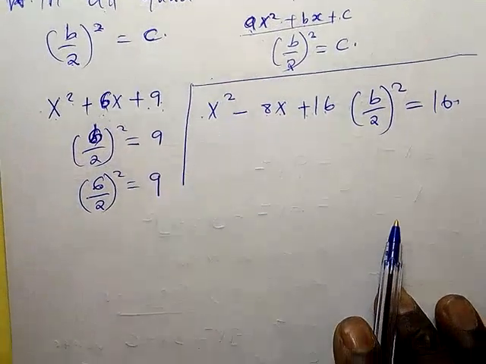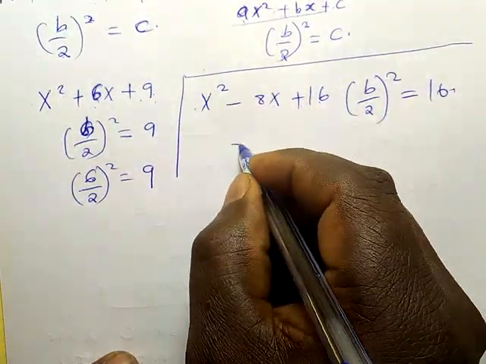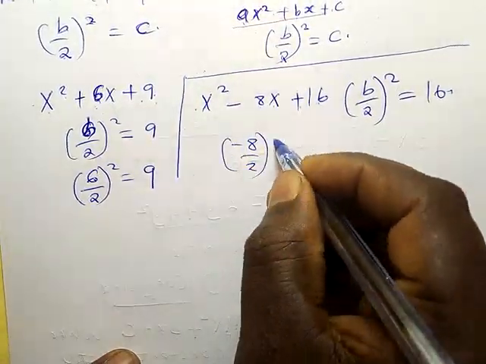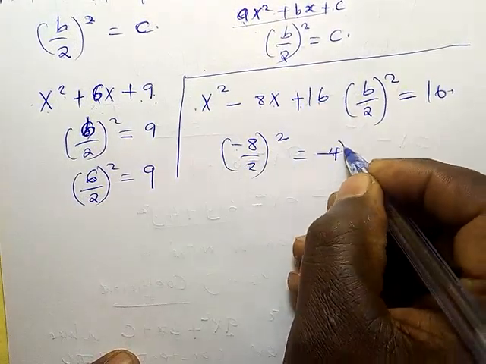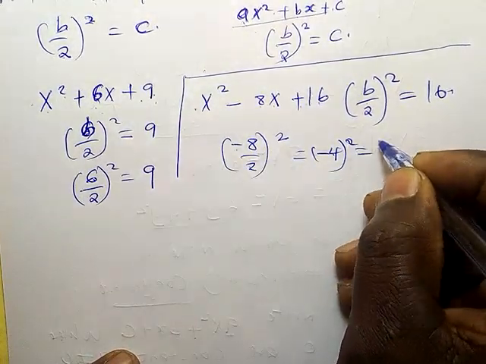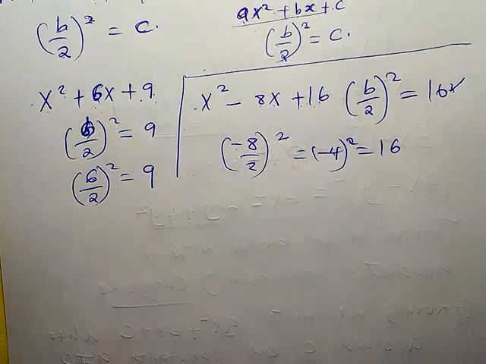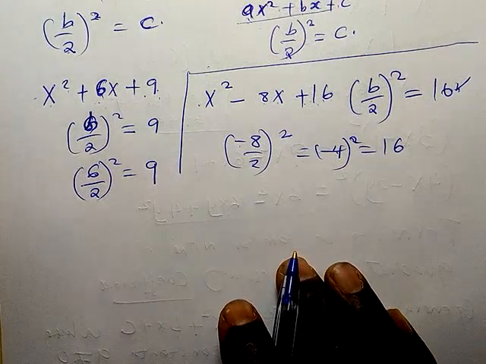Yes, so let us confirm. Our b here is negative 8. So negative 8 divided by 2 and then square. Negative 8 divided by 2, the answer is negative 4. Negative 4 squared, what is that? 16. So it has been confirmed. Thank you very much. I hope you have understood that. It is important for you to understand that.